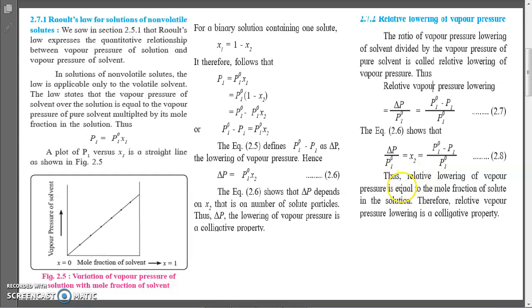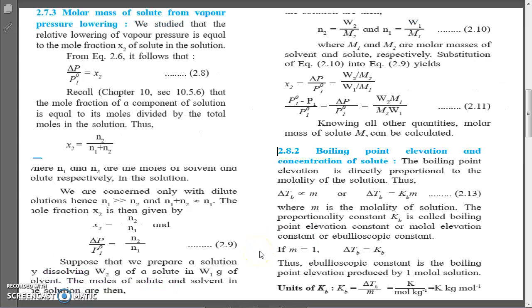Thus, the relative lowering of the vapor pressure is equal to the mole fraction of the solute in the solution, X2. Therefore, the relative lowering of the vapor pressure is a colligative property, and it depends upon the mole fraction.